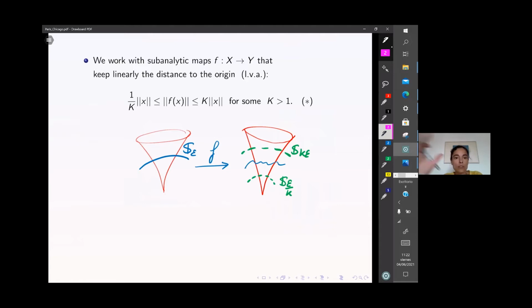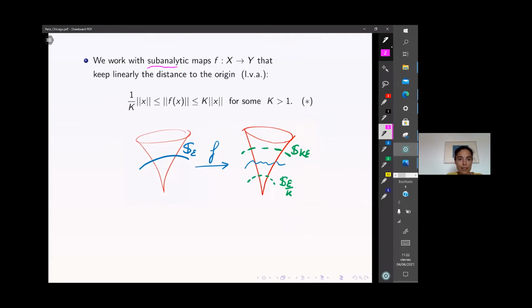Since we want to measure this degeneration with respect to the parameter of the conical structure, we will always work with subanalytic maps, always subanalytic because we want to remain in the category, that keep linearly the distance to the origin.